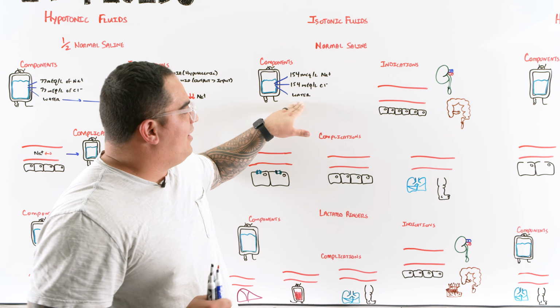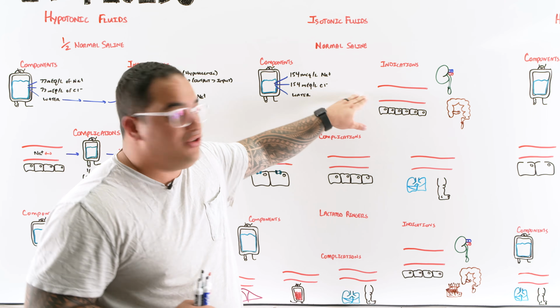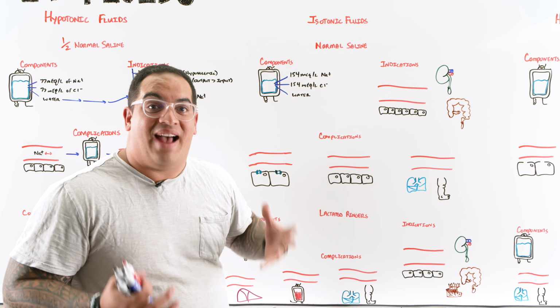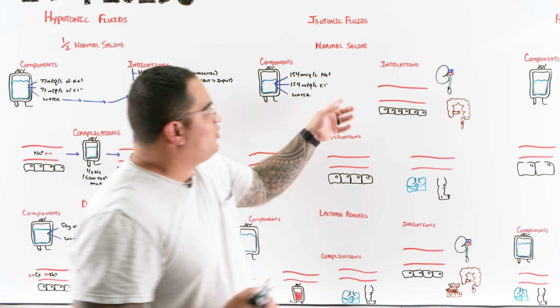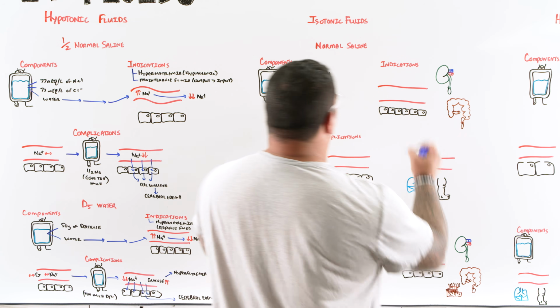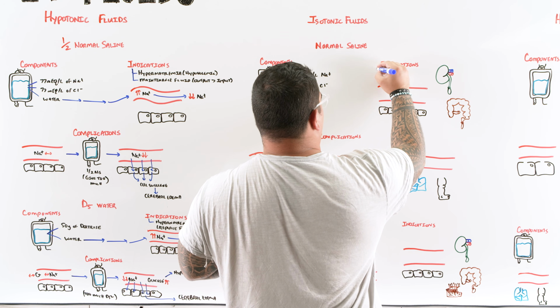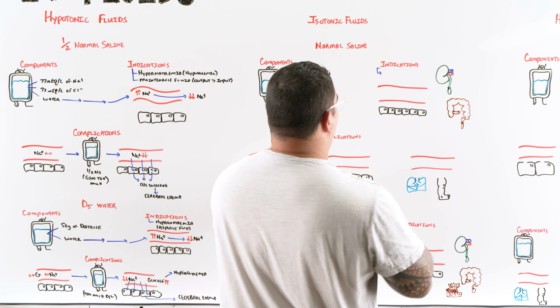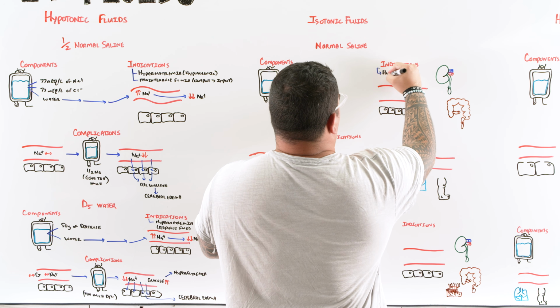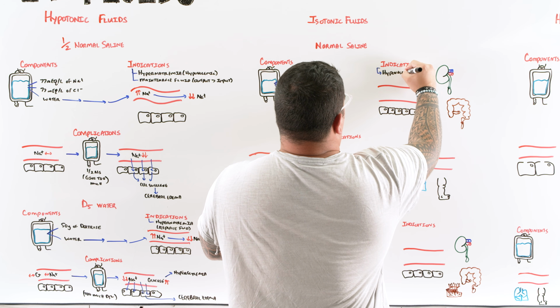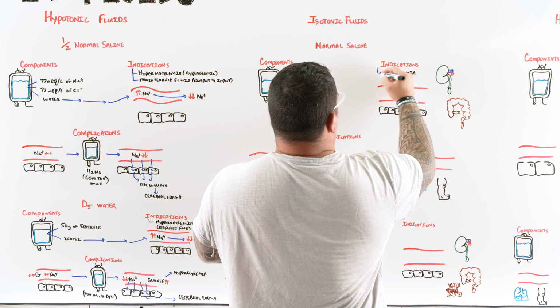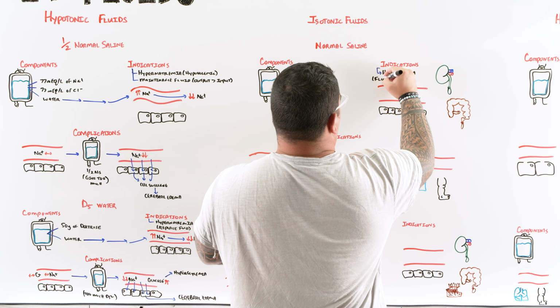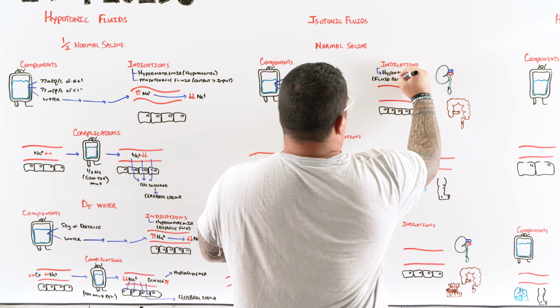In these particular scenarios, you're trying to give this when a patient has lost a lot of their vascular fluid. For example, our primary indication for giving this is a patient who has hypovolemia and is in need of what's called fluid resuscitation.